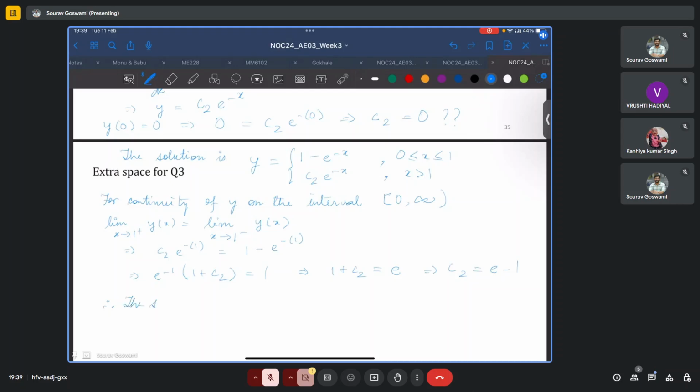Therefore, the solution then becomes y equals 1 minus e power minus x when 0 is less than or equal to x less than or equal to 1, and (e minus 1) times e power minus x for x greater than 1.